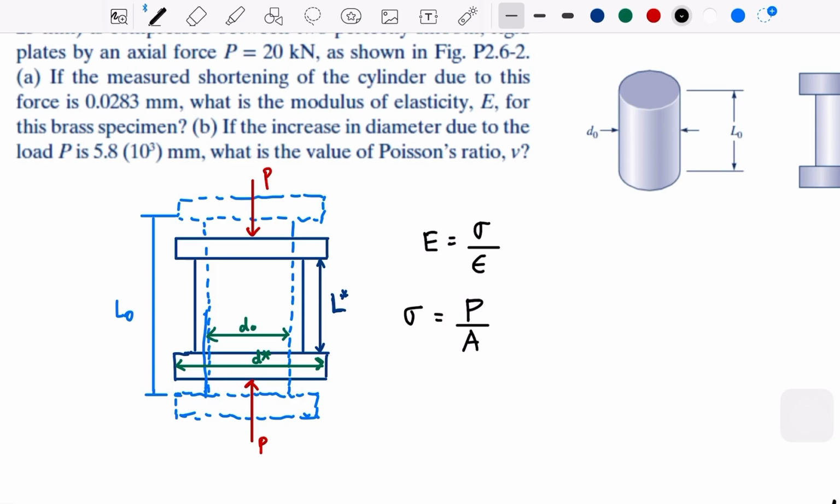But if we are talking about the stress here, and if you want to compute the area, which area are you going to compute, after or before?